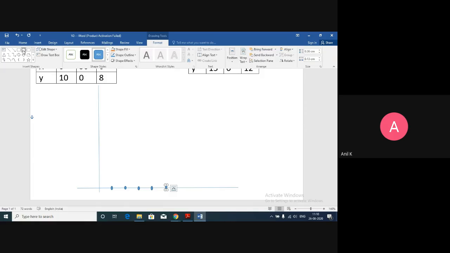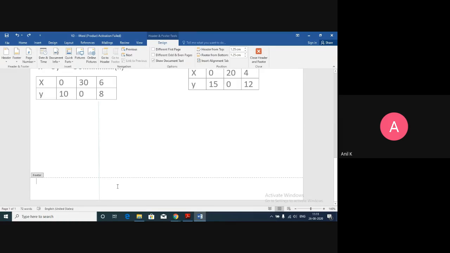I'm doing roughly, so your answer may not be exactly of your textbook, but if you do on the graph, definitely you'll get it correctly. So I have x-axis till 30, right? 5, 10, 15, 20, 25, 30. I think we got the values.